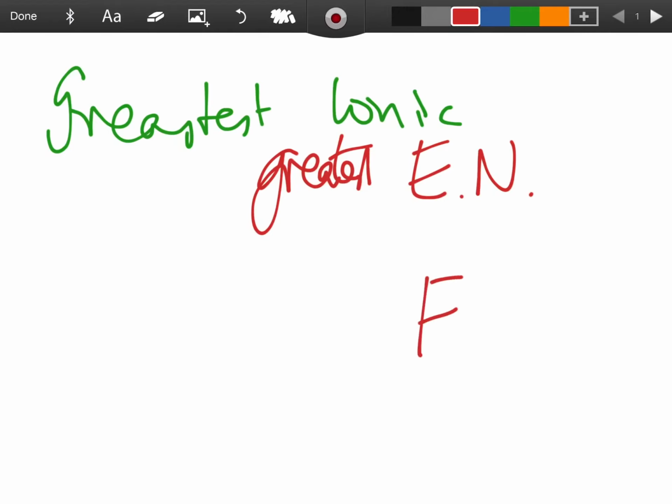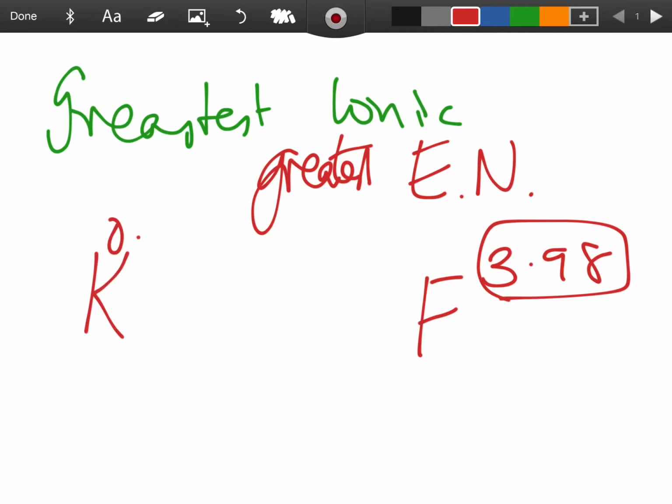When you do, you'll see it's fluorine. Fluorine has a value of 3.98. There isn't an element in the first 36 that has a greater value for electronegativity than that. So fluorine is going to take the electrons. Now, what has the lowest electronegativity value in the first 36? And it's K, 0.82.